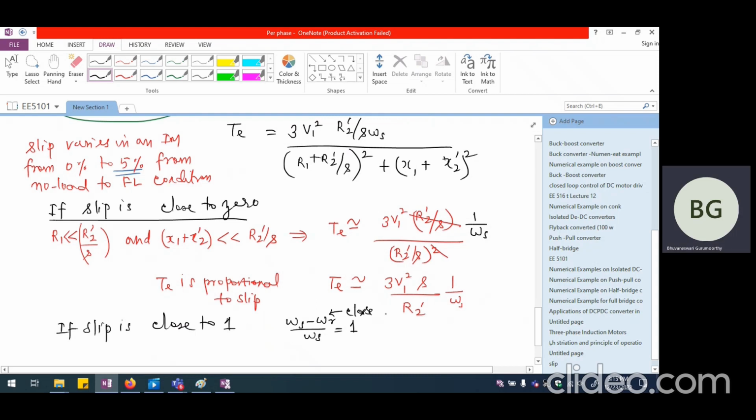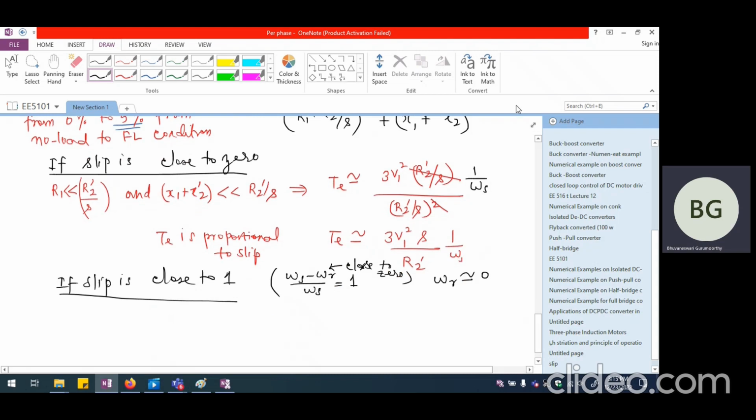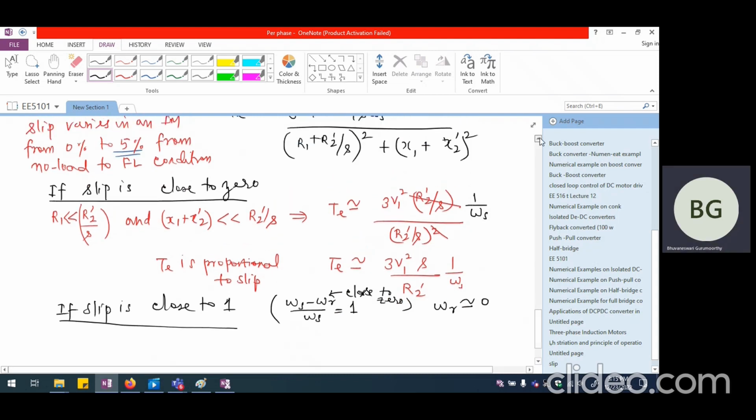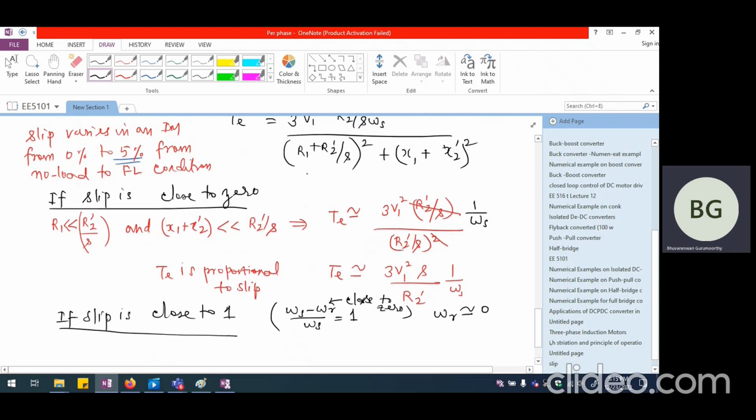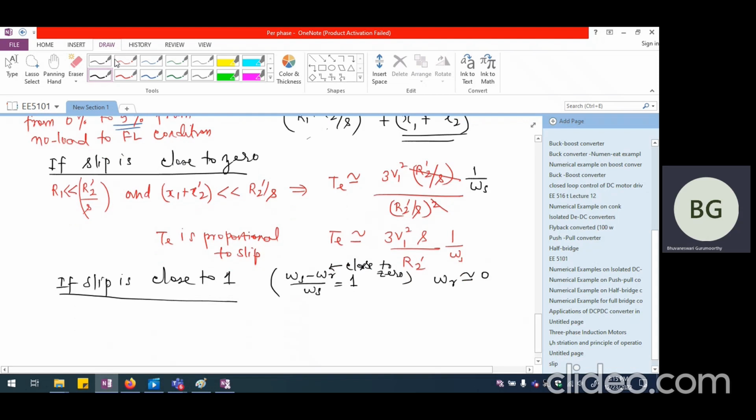So this is when we are starting the induction motor, when it is in standstill condition, omega R is approximately 0. Under that condition, what happens? We are going to have R1 and R2 dash, both of them being generally very small. The resistance of copper windings is going to be small, but leakage reactance may not be all that negligible.